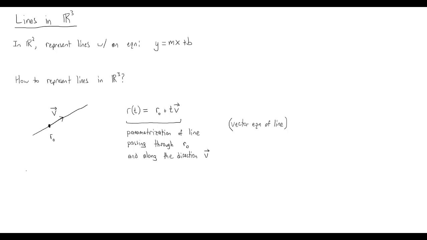And just like a really simple example. So if I imagine the line in R3 passing through the point, let's say the point (1, 2, 3), along the direction of the vector, let's do maybe (2, -2, 4).